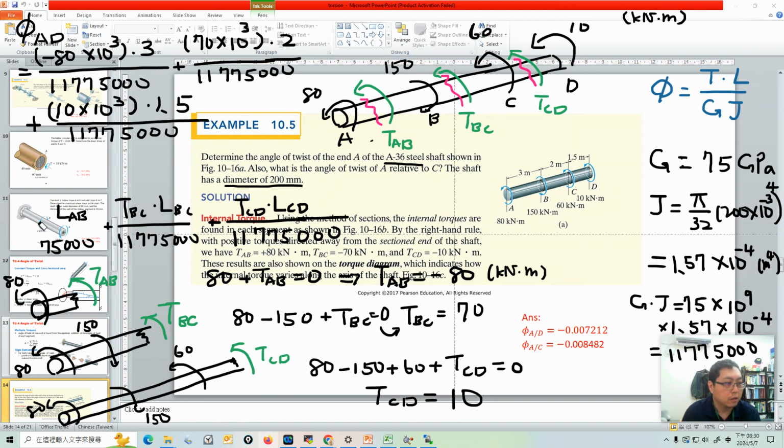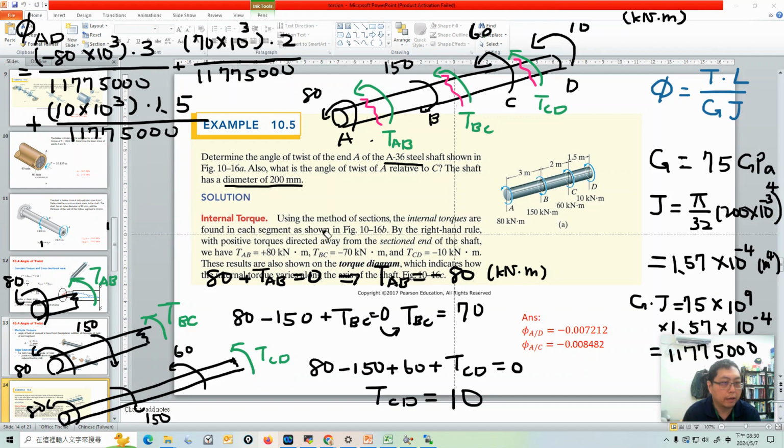Using your calculator, you can calculate the angle of twist of AB, BC, and CD. What's the value?